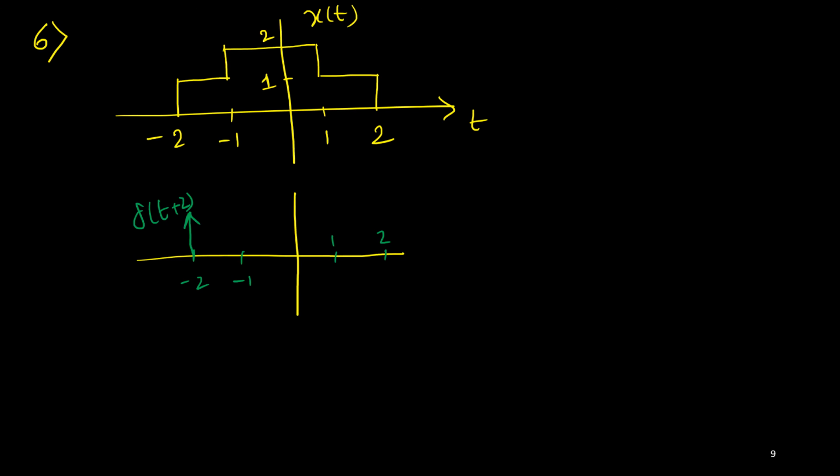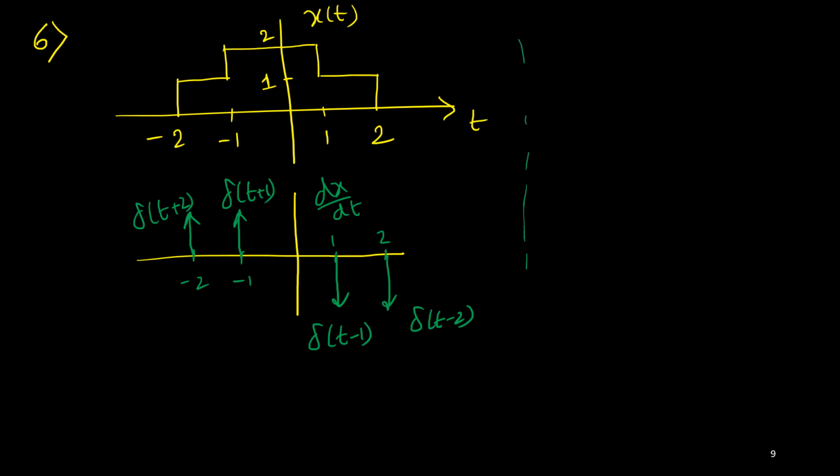And then again there is an impulse at minus 1, delta t plus 1. There is no change in between, so the derivative is 0. Then again there is a change, but from 2 to 1, so one change but negative, delta t minus 1. And then one more negative change, delta t minus 2. So this is your dx/dt.